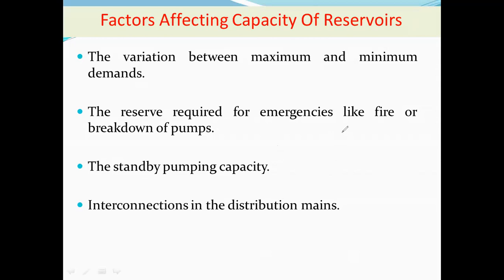In that we are going to study the different systems like the grid iron system, then the radial system. Okay, so there are different types of systems of supply. Depending upon their connections and their arrangements, this classification is done. And there are certain systems in which water flows by different ways, a number of ways.